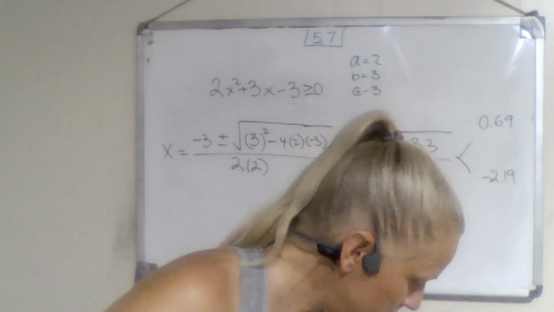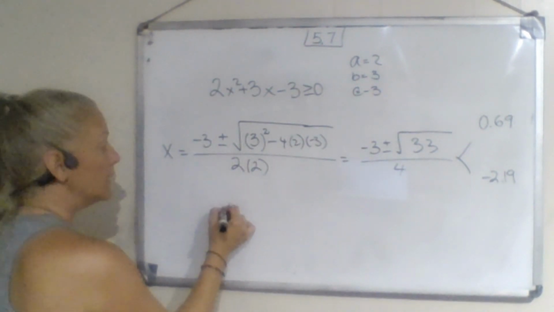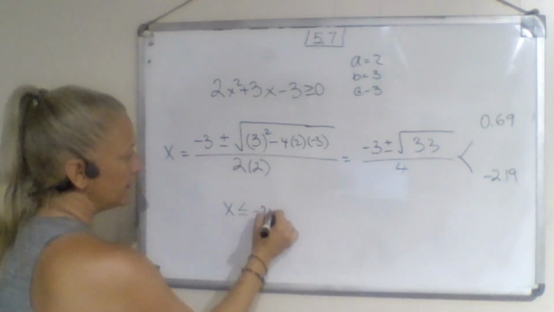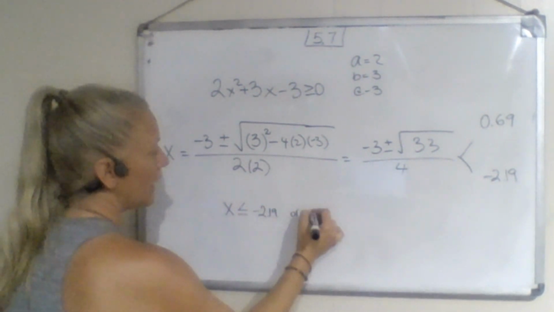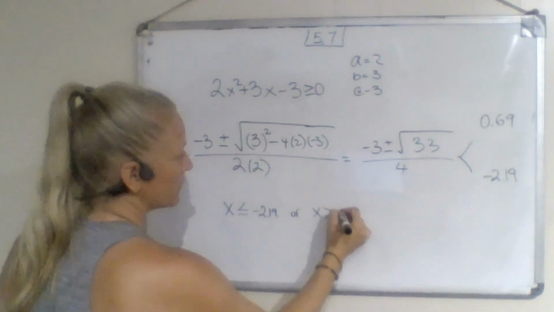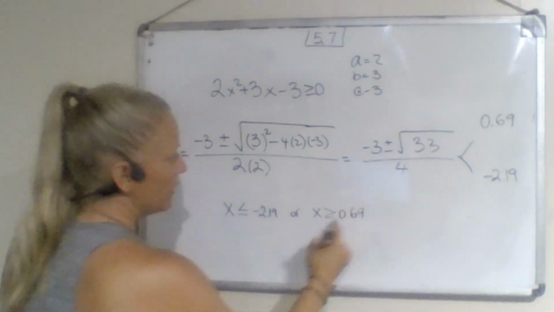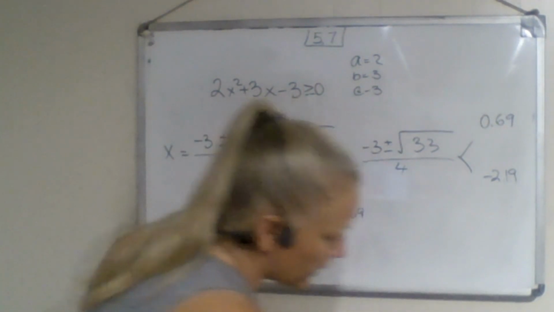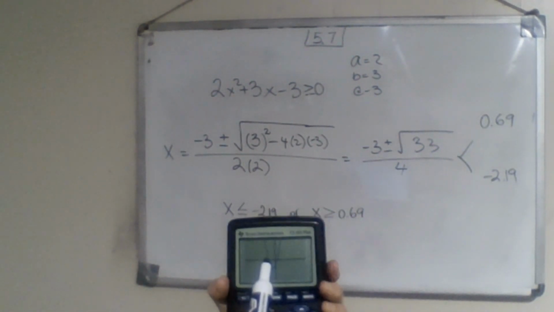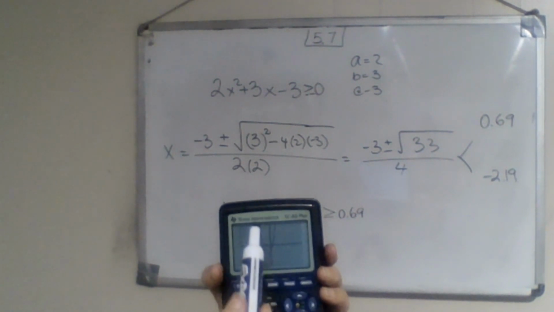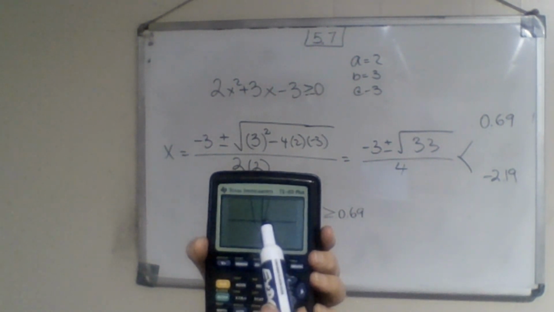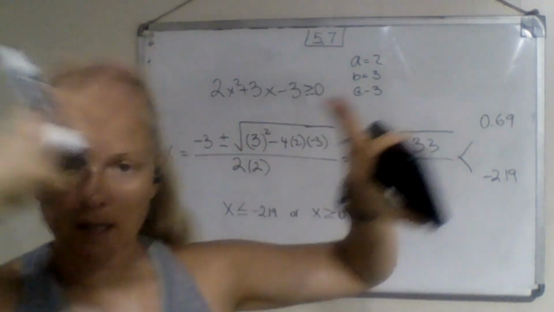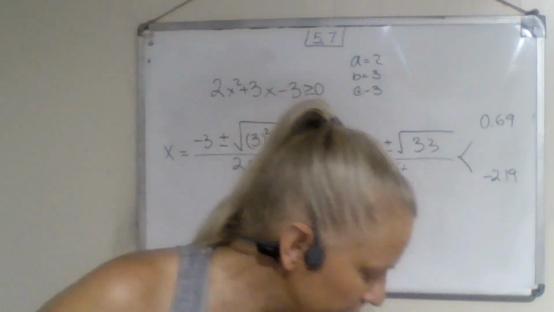So this time, my solution is either x is less than or equal to negative 2.19, or x is greater than or equal to 0.69. Why am I using the equal? Because they're using the equal in my problem. All the numbers past negative 2.19 are positive. All the numbers past 0.69 are positive. So these are the outside solutions, right?